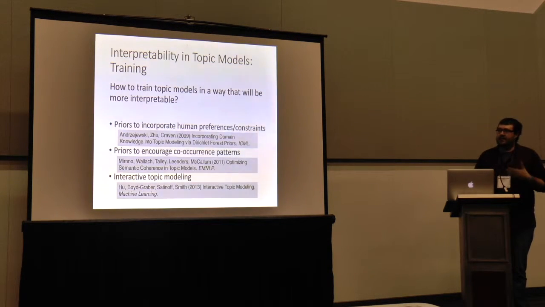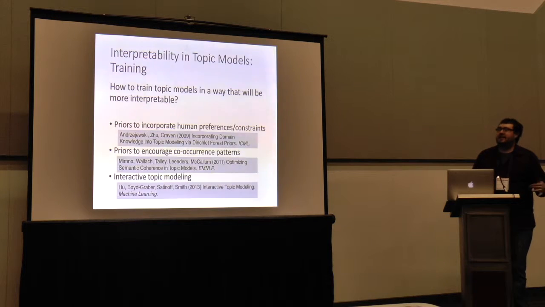There's related work on doing a similar idea, but rather than having human feedback, again using automated metrics like what I showed you in the previous slides. So words that tend to co-occur in a corpus, or have some high similarity score under some metric, should appear in the same topics.